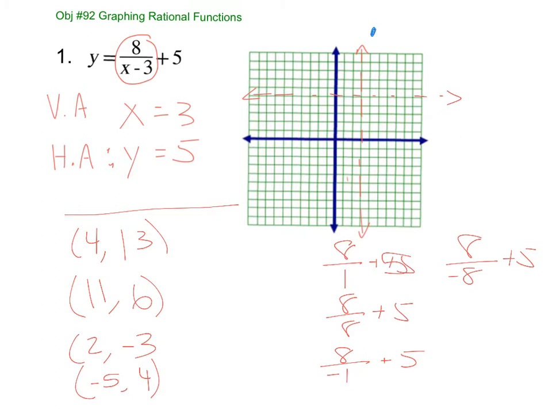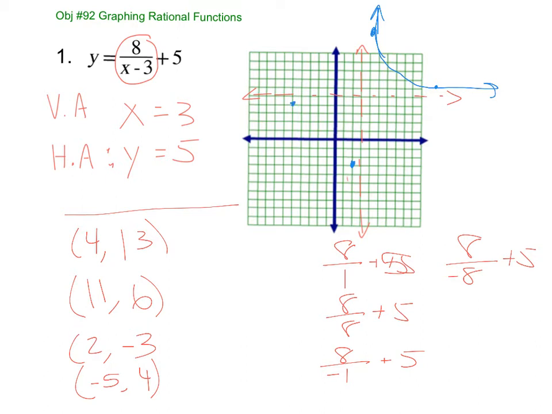11, 6. I'm jealous of people who are good at drawing on these tablets. All right, 2, -3. And -5, 4. 1, 2, 3, 4, 5. 1, 2, 3, 4.